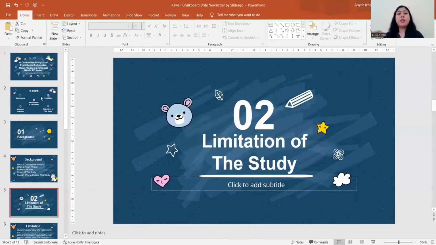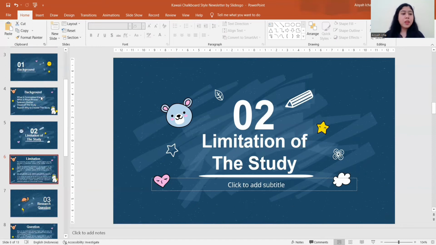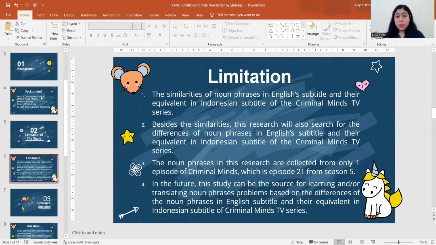And then we move to the second part, which is limitation of the study. So in this limitation, first is the similarities of noun phrases in English subtitle and their equivalent in Indonesian subtitle of the Criminal Minds TV series.